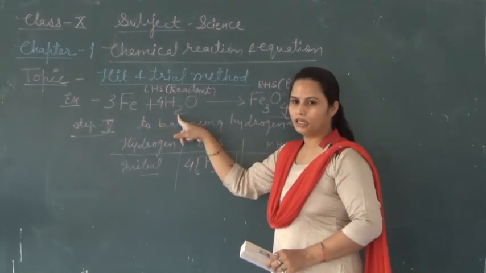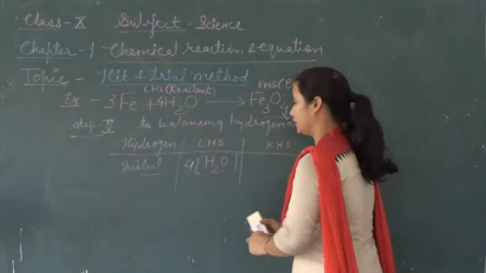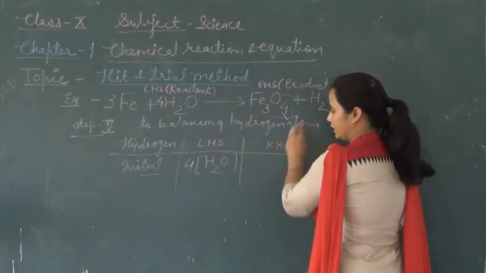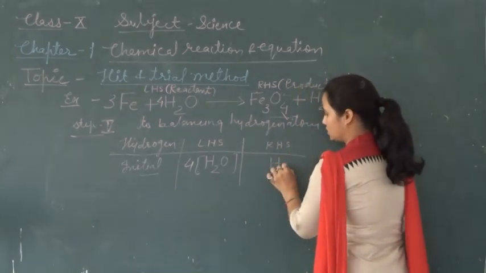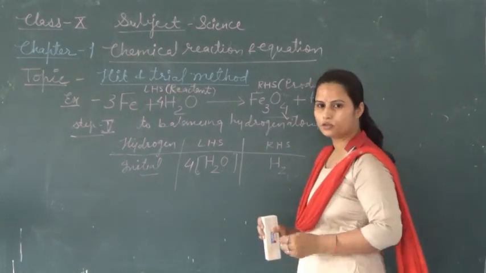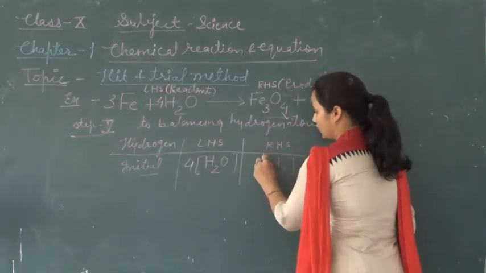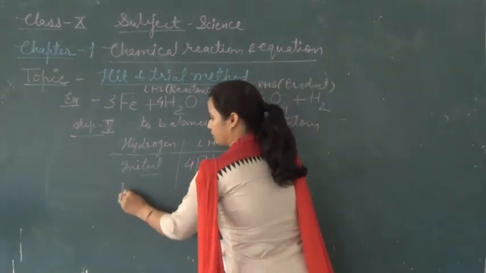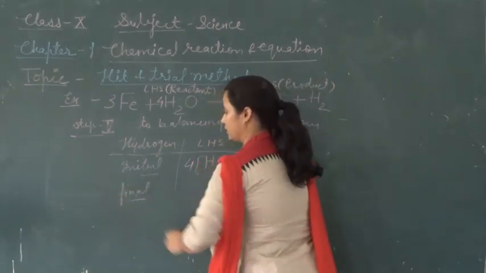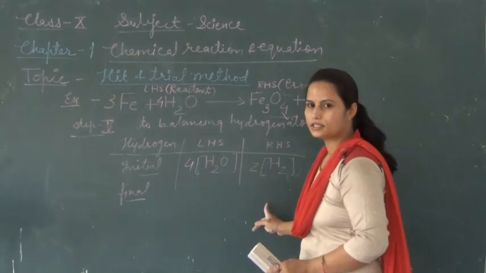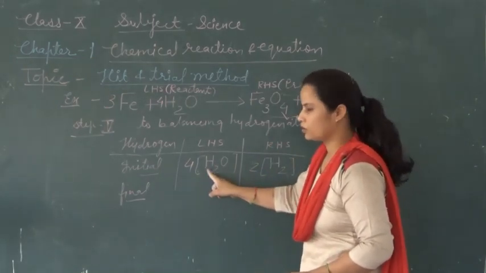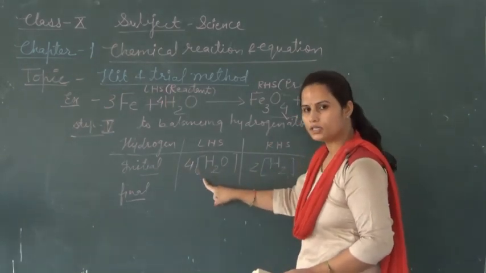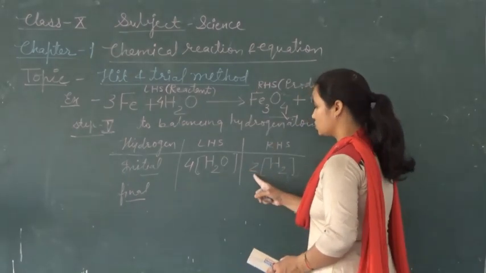4 2s are 8, multiply, 4 2s are 8. And at the right hand side, the number of hydrogen atoms is found as H2, which is only 2. So finally we balance both sides, and this time we balance at the right hand side, because the number of hydrogen atoms is 8 at the left hand side and at the right hand side it is only 2.